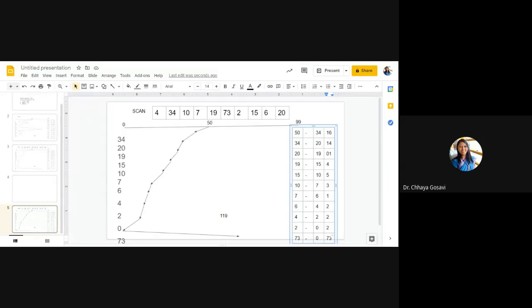Are you getting the difference between SCAN and SSTF? Are you calculating these values? What is the total distance traveled by the read-write head for the SCAN algorithm?